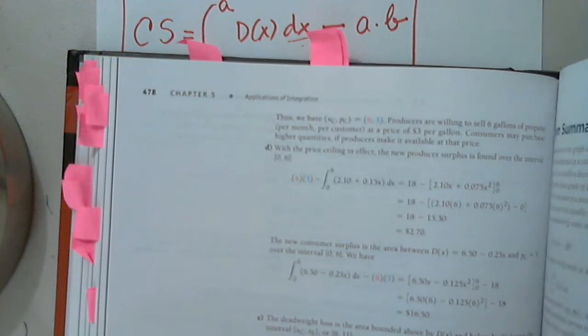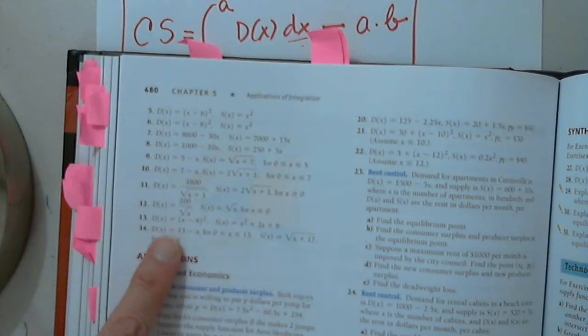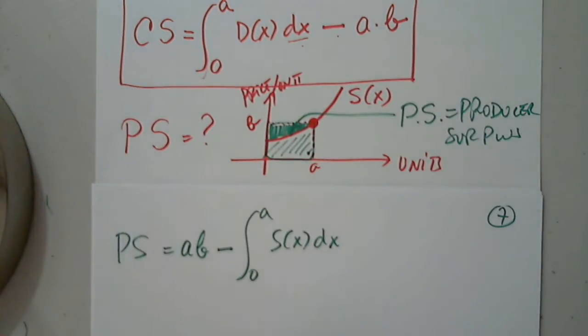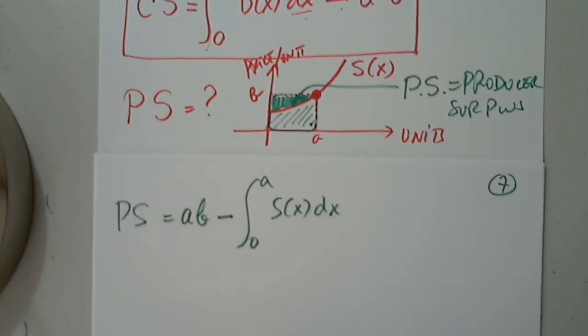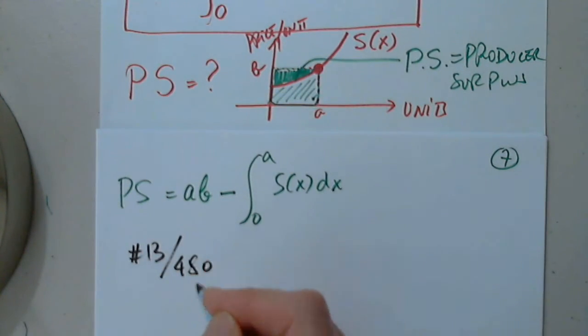The question is asking us to find the equilibrium point, find the consumer surplus at the equilibrium point, and the producer surplus at the equilibrium point. Let's start with 13, on page 480.